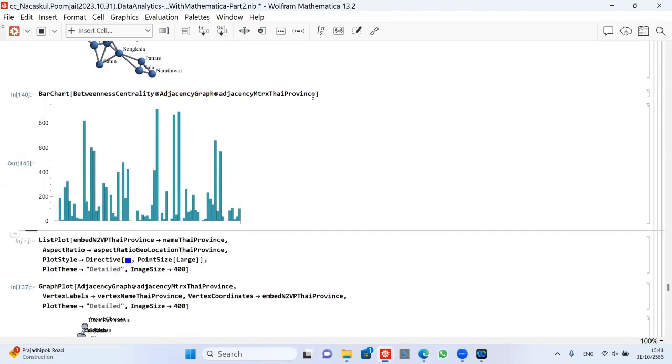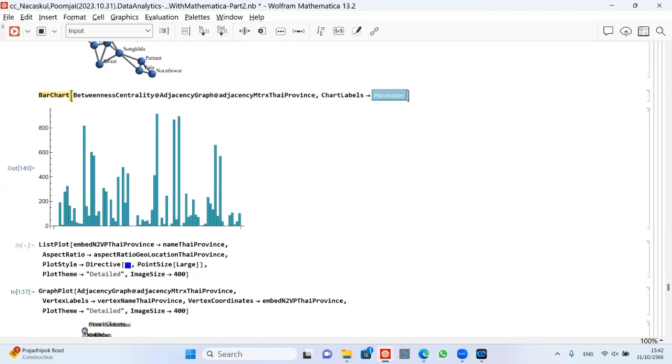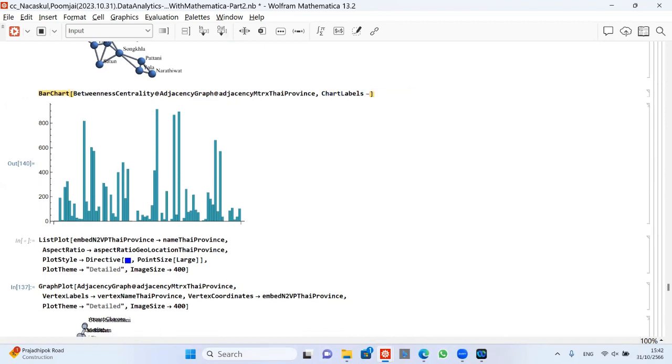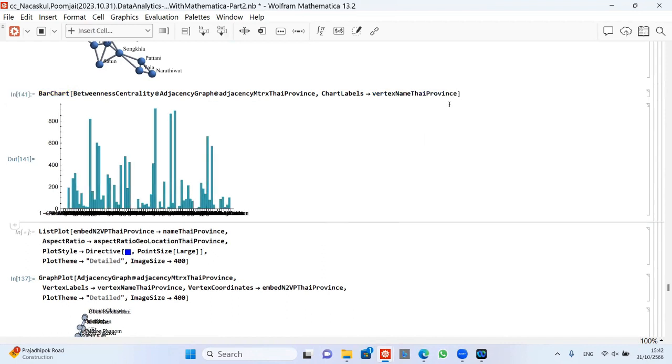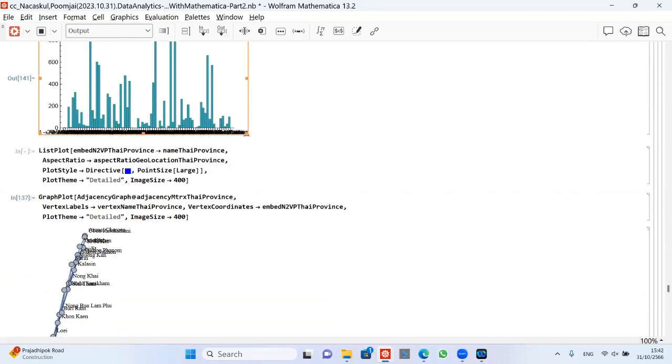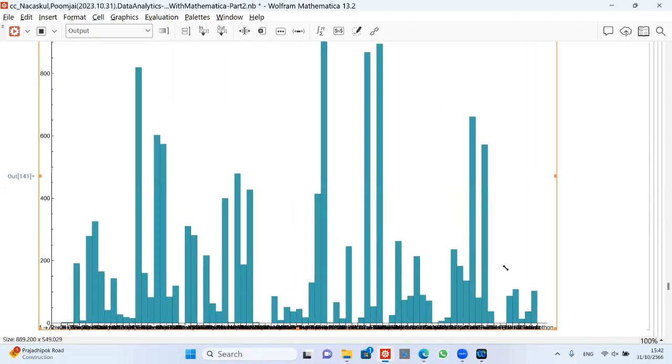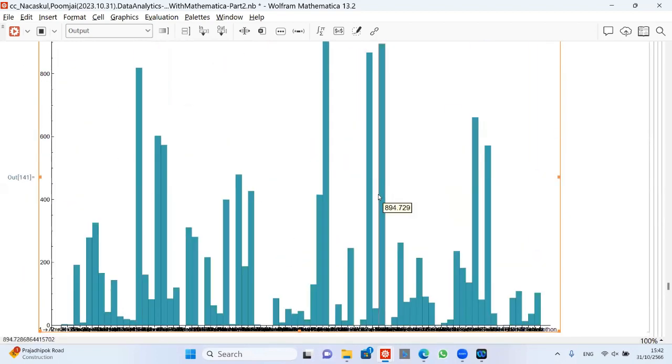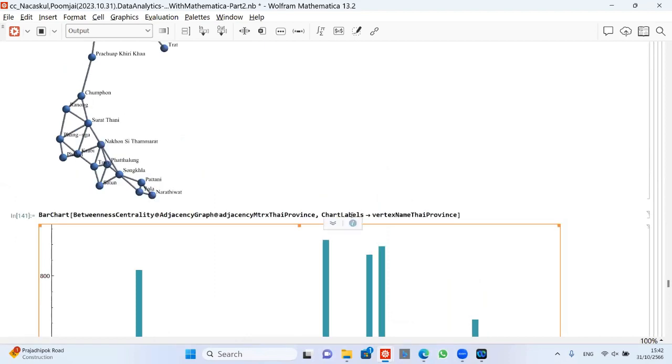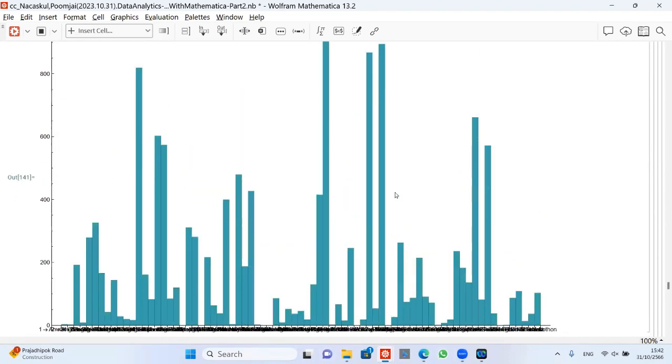Let's give it a name, a chart label. Vertex names. It's too big, so I have to rotate.